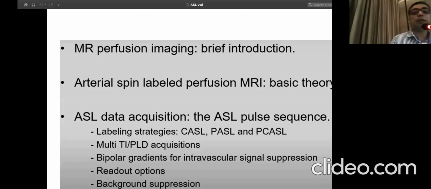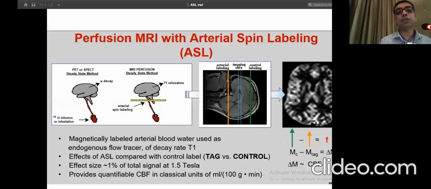The basic theory is that we label by a continuous pulse, a pulsed, or a pseudo-continuous pulse. These are the three types. Here we do labeling just at the neck of the flowing blood, and then that labeled blood spin goes inside the parenchyma and comes out, and calculations are done to find the cerebral blood flow.